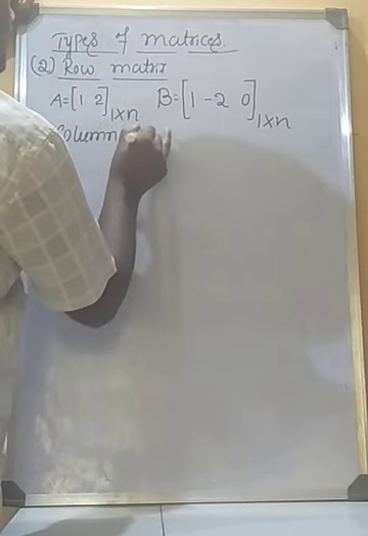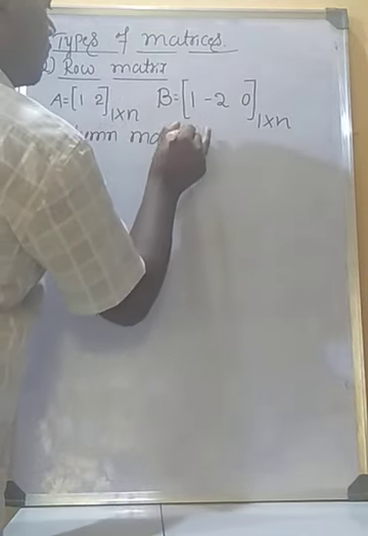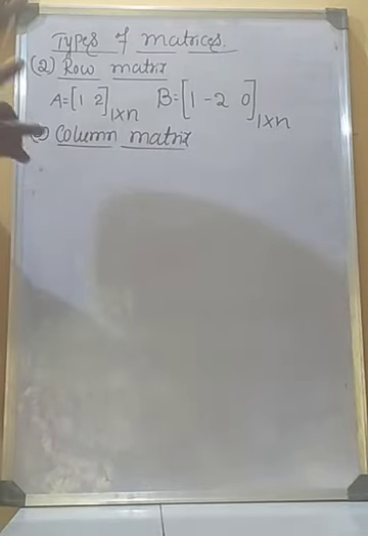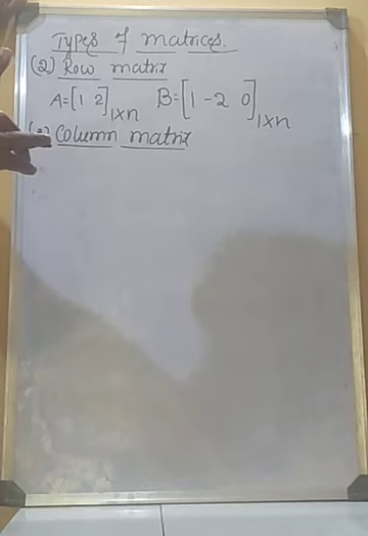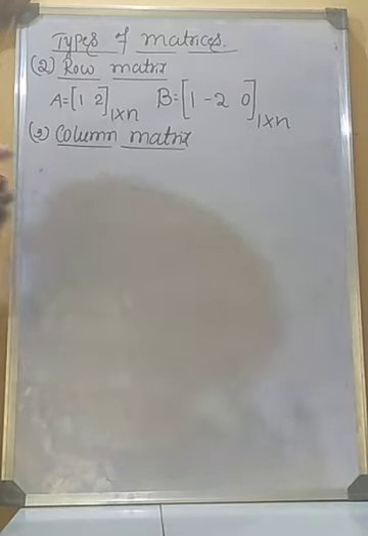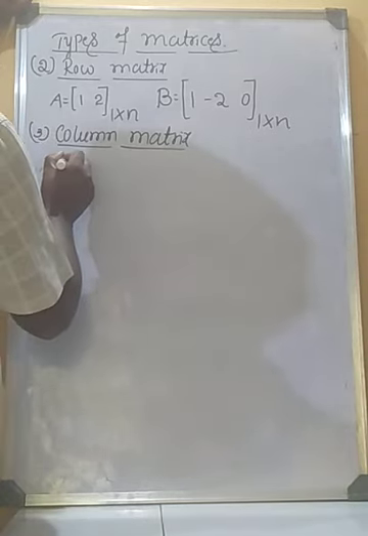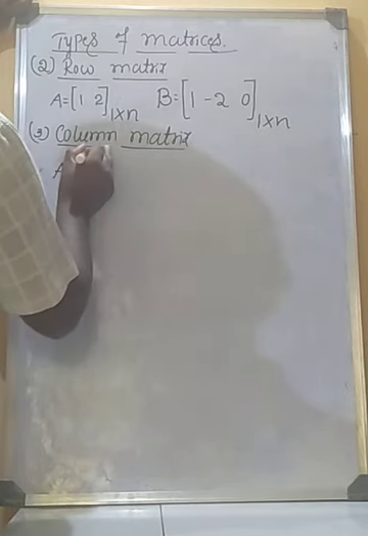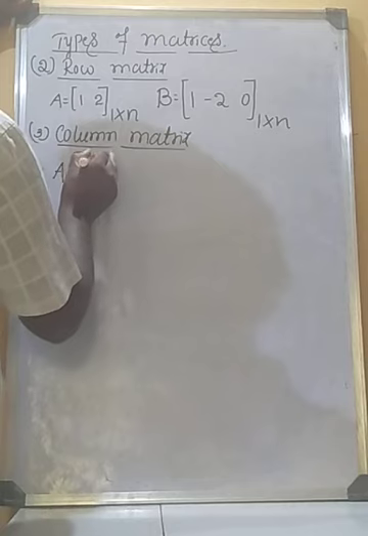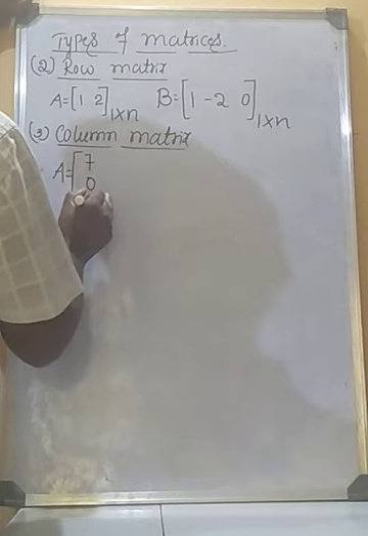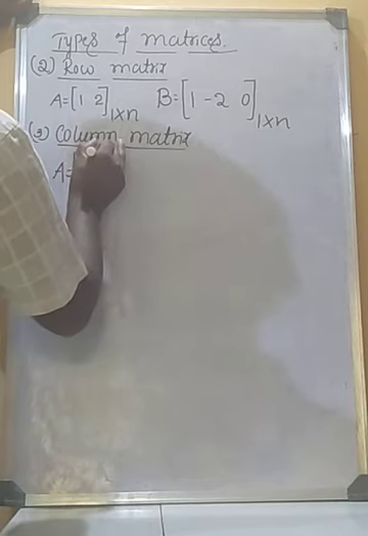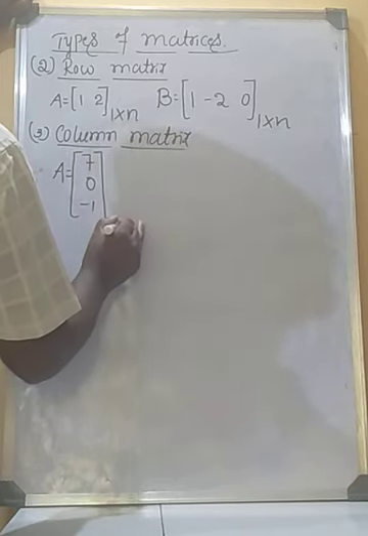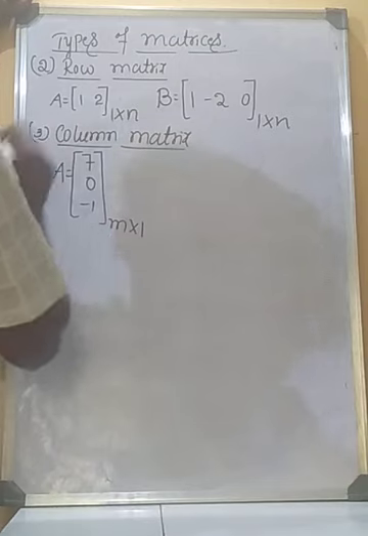Third one, column matrix. A matrix having only one column is called a column matrix. For example, matrix A is [7, 0, -1]. Order of this matrix is m cross 1.